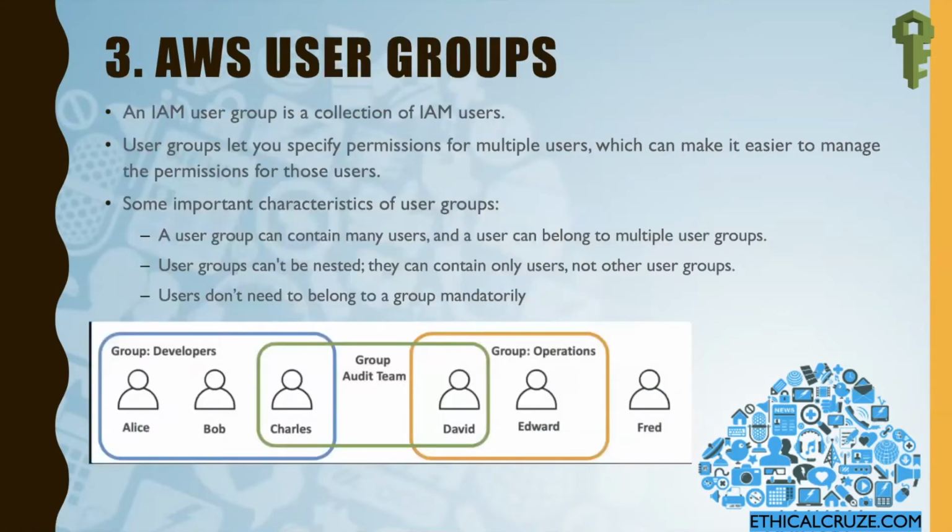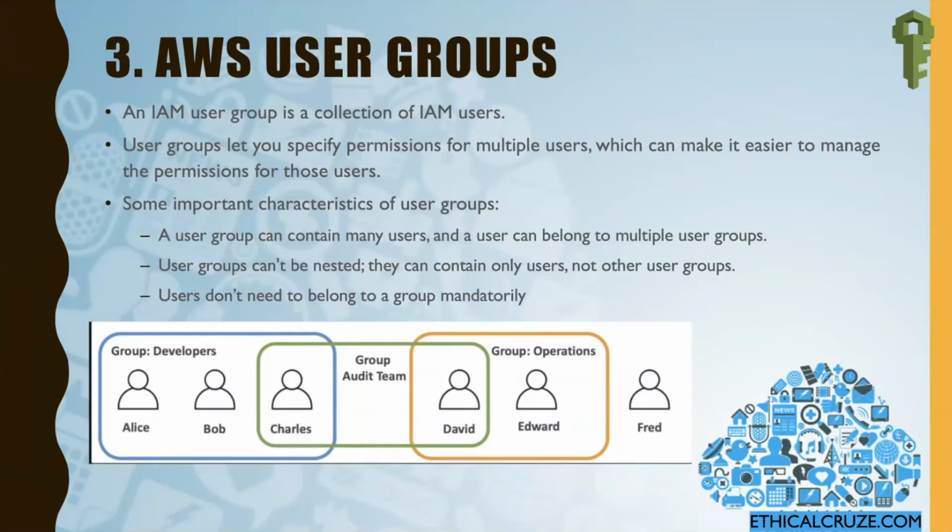Next comes the AWS user group. To access any AWS resources and services, users need different permissions, which we call authorization. What if a user is authorized to access a resource? Let's take the example of an EC2 instance or S3 bucket.